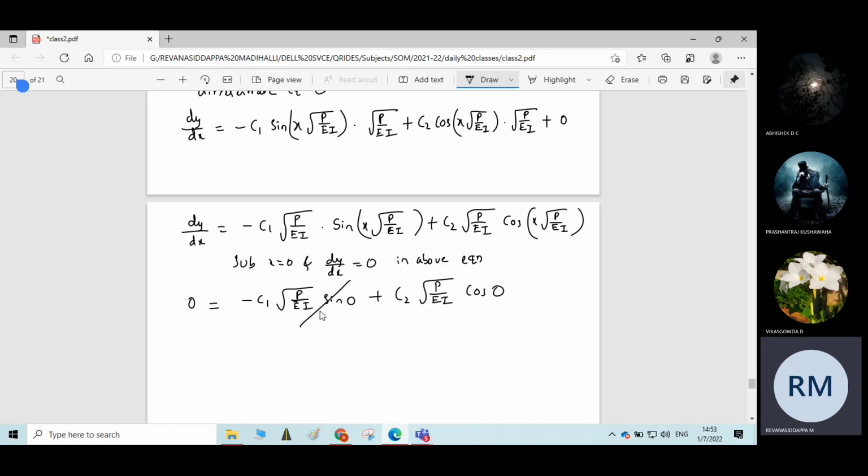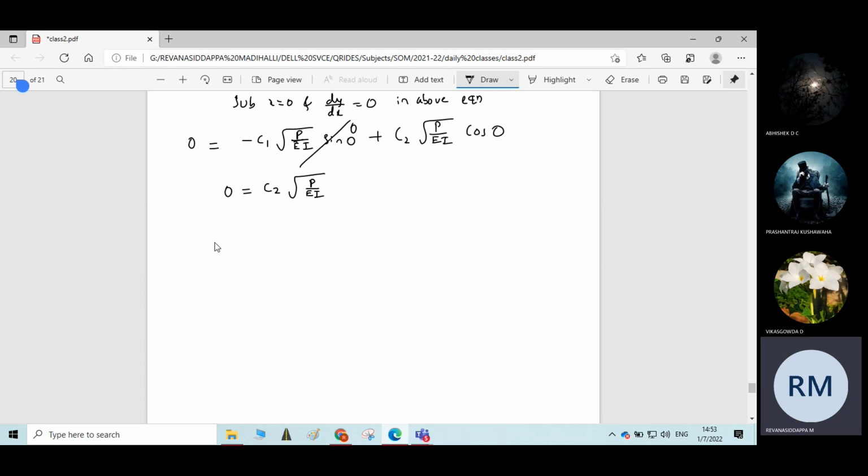So the first term becomes 0. Therefore, 0 equal to c2 root P by EI. Therefore, c2 root P by EI equal to 0.